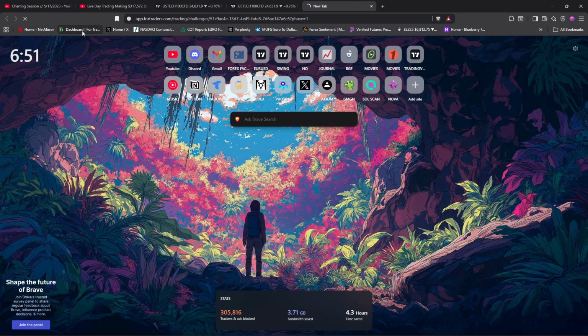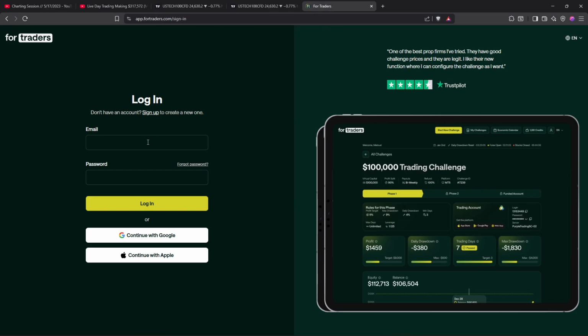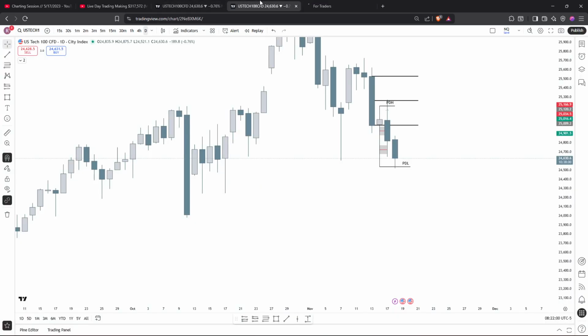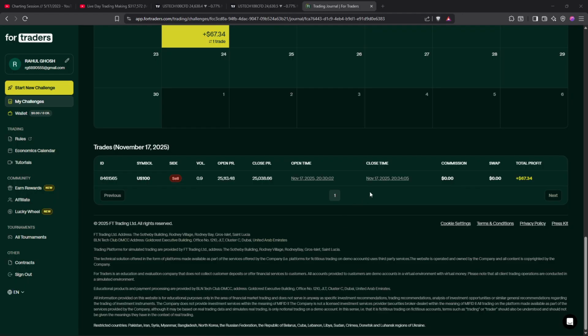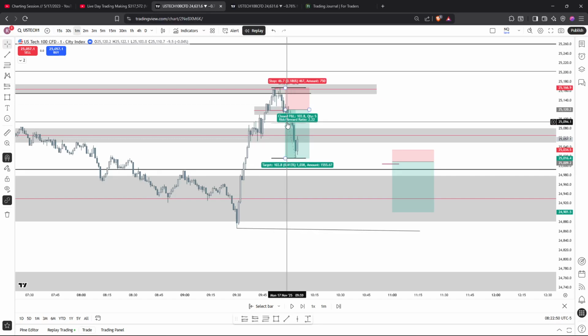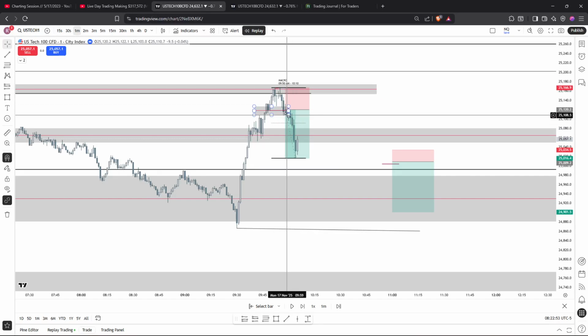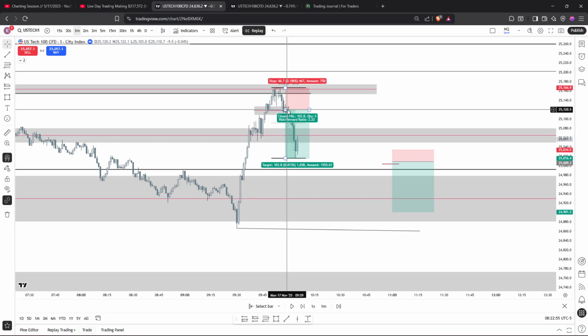Why not? Let me just log in and I'll show you. If you see here, this was the trade I had opened at 20:30 and it entered at 20:34. This is in Indian time, but here you can check New York.